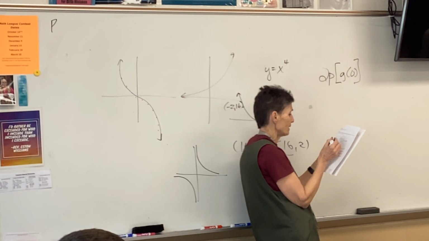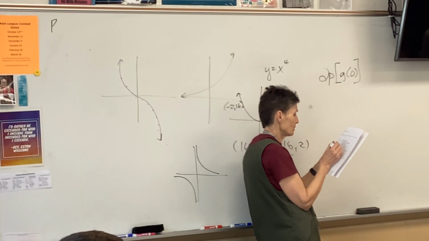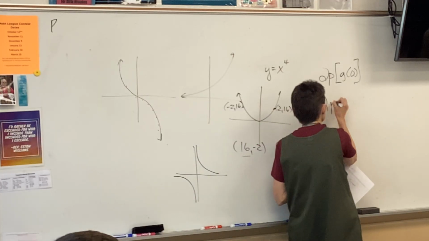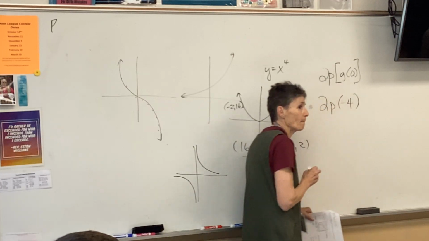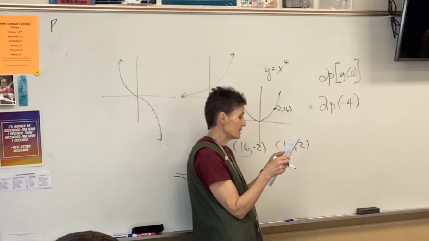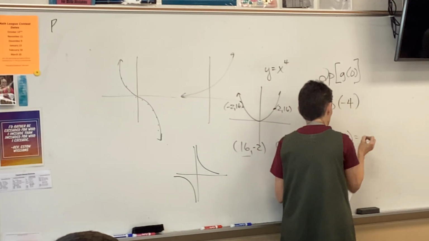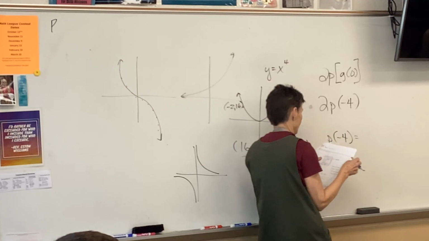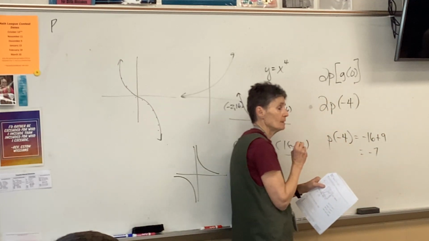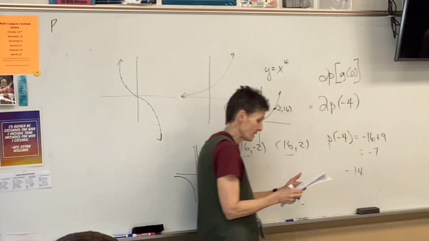G of 0 is -4. Did I count right? So 2 times p of -4. Well, what's p of -4? You get -7. So 2 times that would be -14 for my answer.